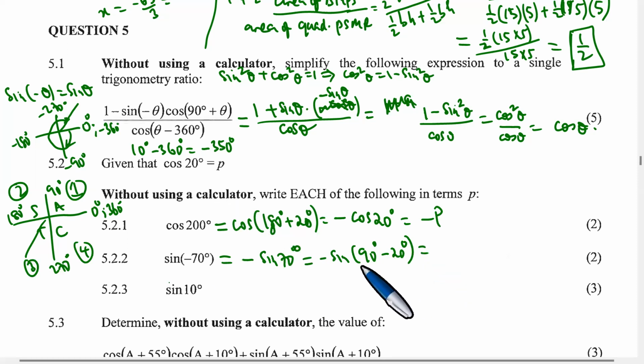In which quadrant is 90 minus? 90 minus is in the first. This is 0, 90. If it is 90 minus, you are making it smaller, going closer to 0. So 90 minus is in the first quadrant, where all these are positive, but there's a cofunction change to cosine of 20 degrees. Cosine of 20 degrees is P, so that is minus P.